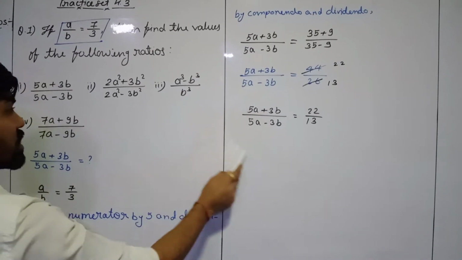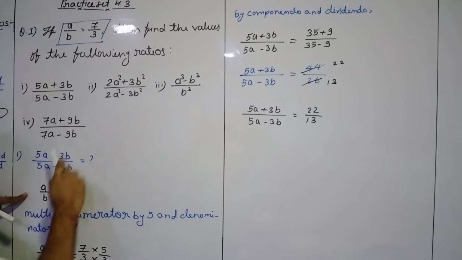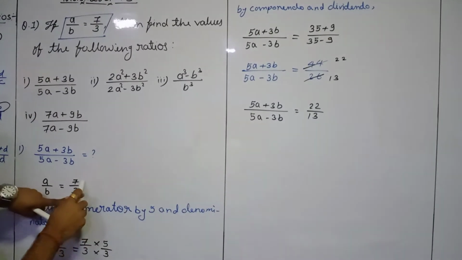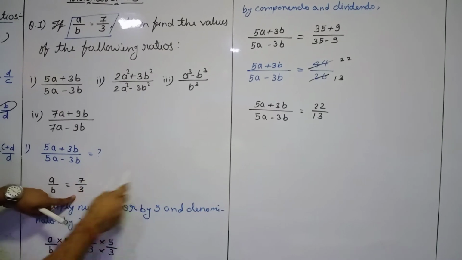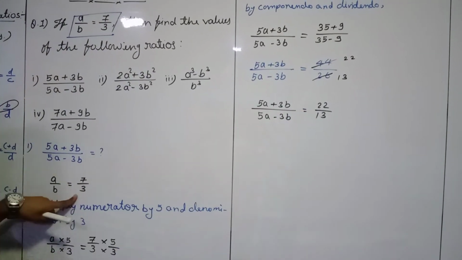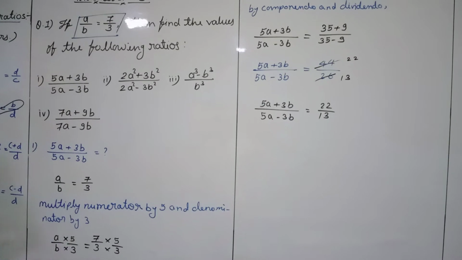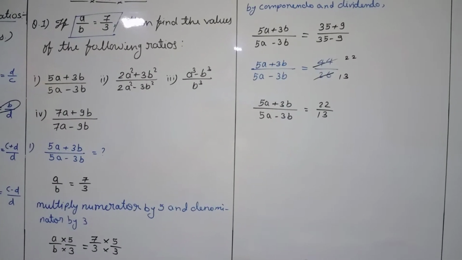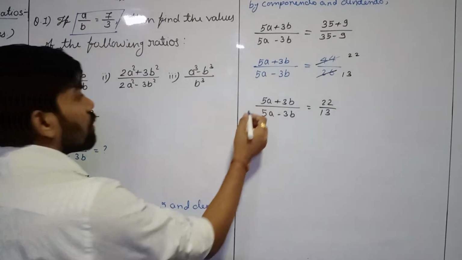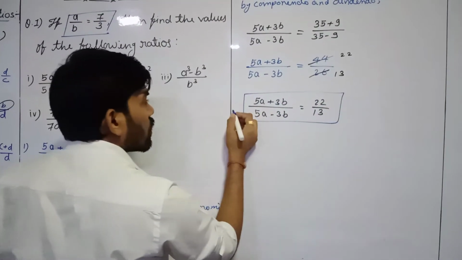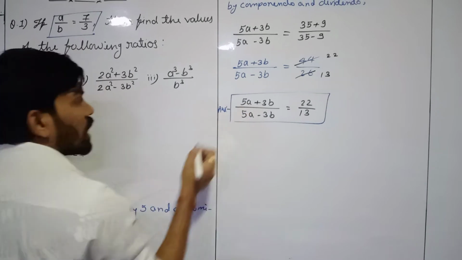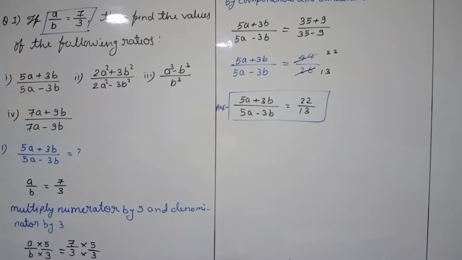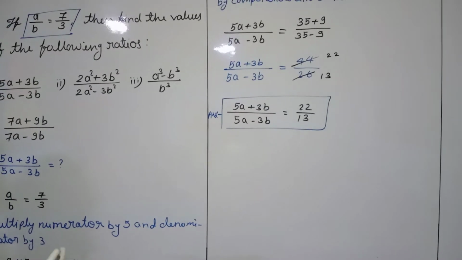To do the same thing, we converted this A upon B into this form, and we got the change on the right hand side. 7 upon 3 will become 22 upon 13, because whatever we do to the left hand side, the same thing we have to do to the right hand side also. So that will become our answer. We got 22 upon 13. Now move on to the next sum.